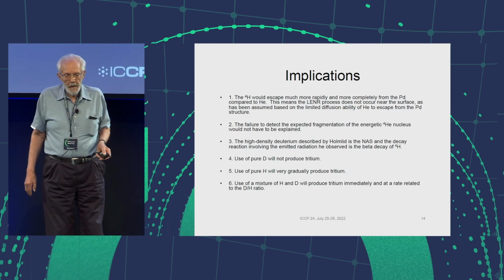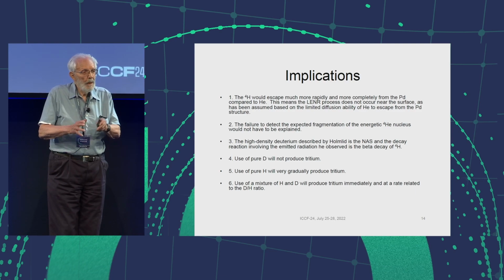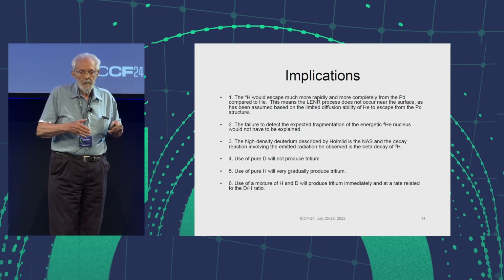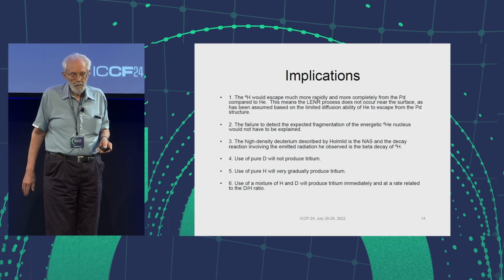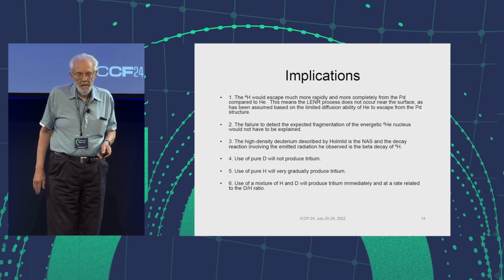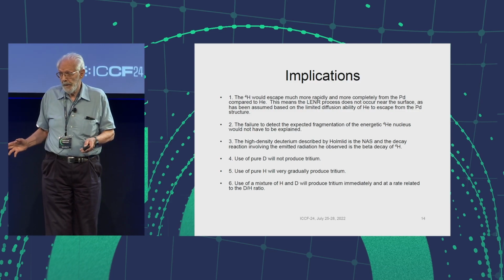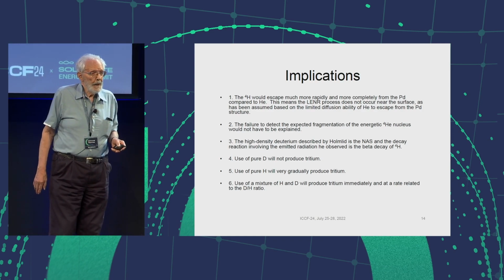Now, there are several other implications. One is, if you use pure deuterium, you will not make tritium. And that's very good to know, especially in a large-scale generator. You don't want to make tritium. So you want to use pure deuterium. If you use pure hydrogen, on the other hand, which many people are studying and which does make excess energy, you will make tritium.